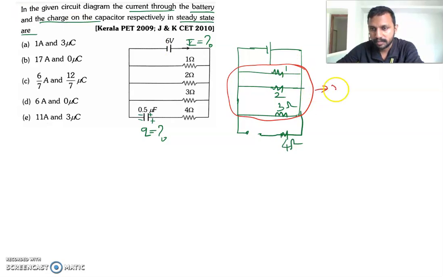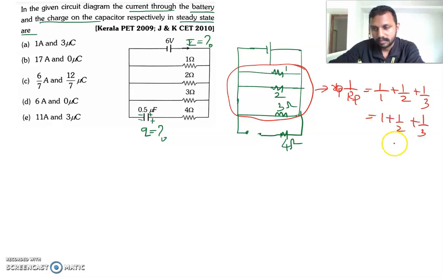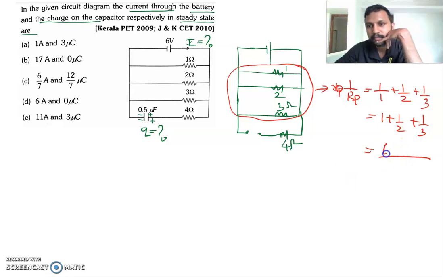That is, I could write 1 by Rp is equal to 1 by 1 plus 1 by 2 plus 1 by 3. If we take the LCM, it will be 6 plus 3 plus 2 divided by 6, and that will be equal to 11 by 6.